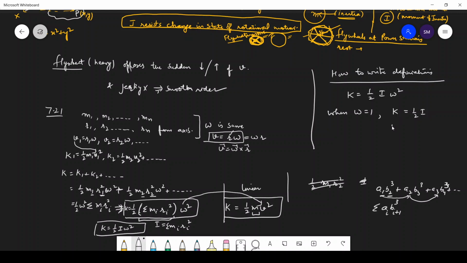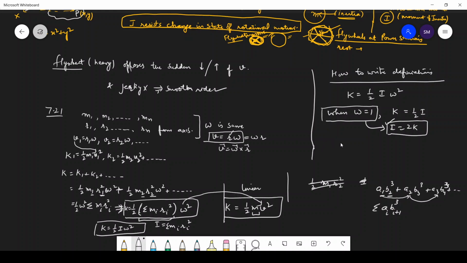So I is equals to twice of kinetic energy. So condition, when omega is equals to 1, then I is equals to 2K. So you have got the definition of moment of inertia from here also.